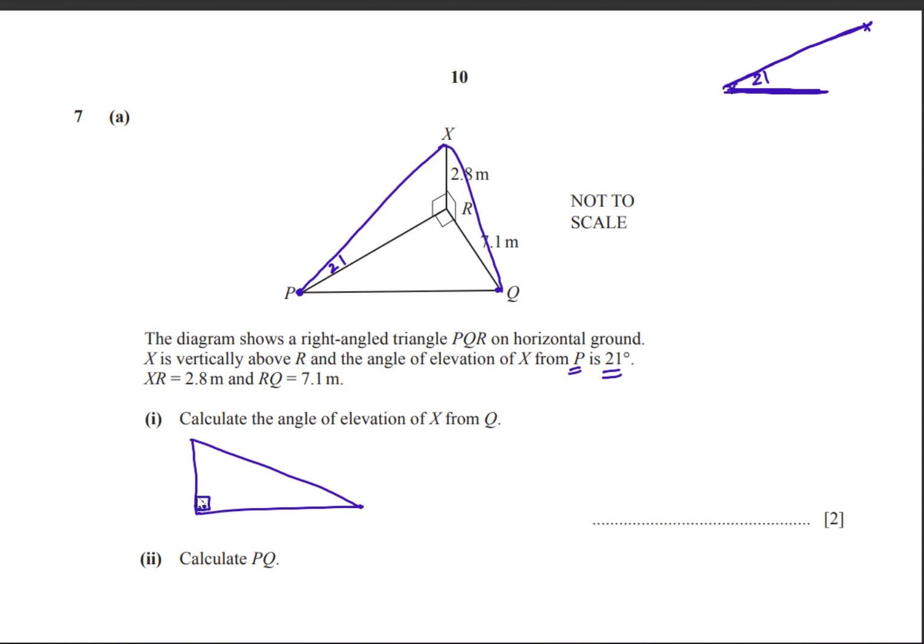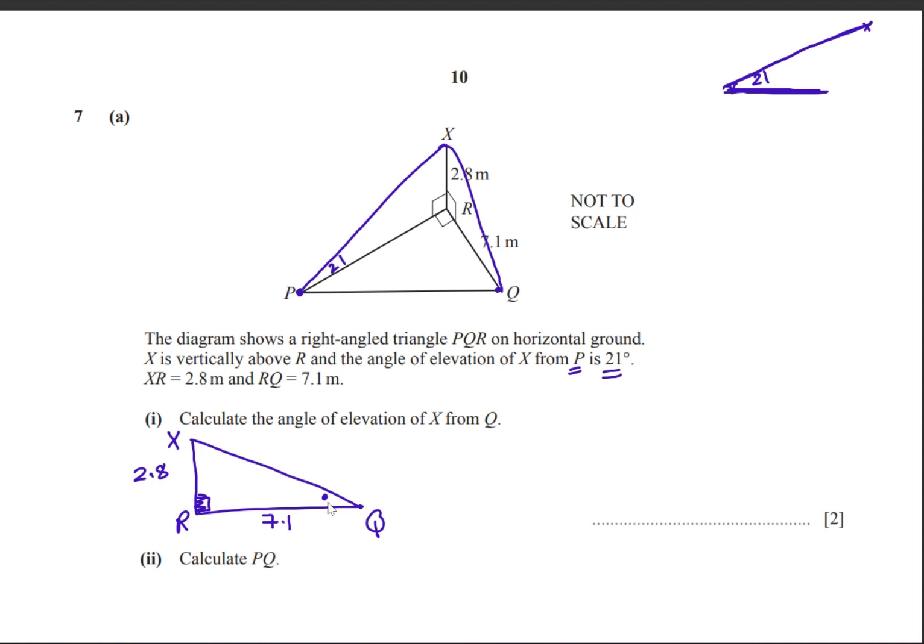This is 90 degree, which is R, and this is Q, and this is X. Okay, so from here I can see that RQ is 7.1 and RX is 2.8. So I want this angle.